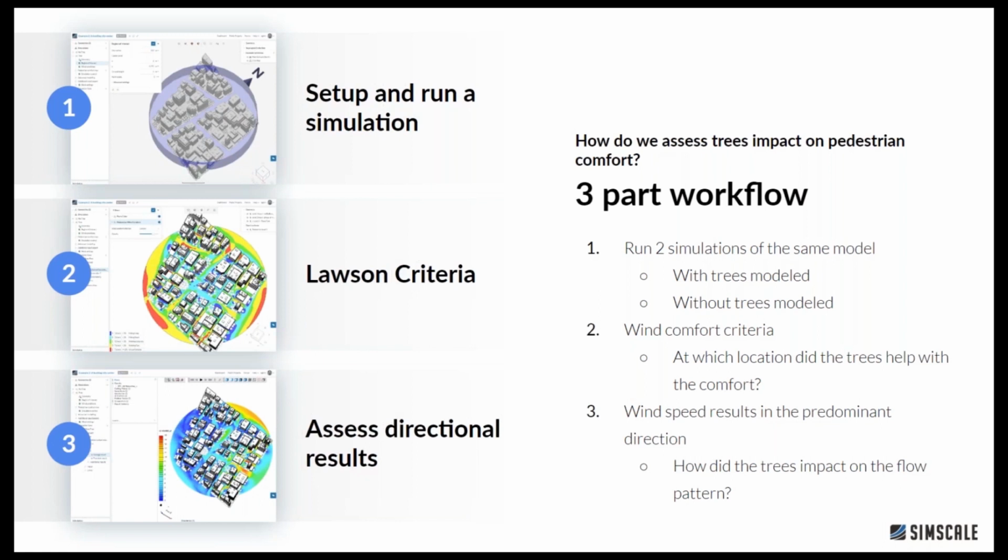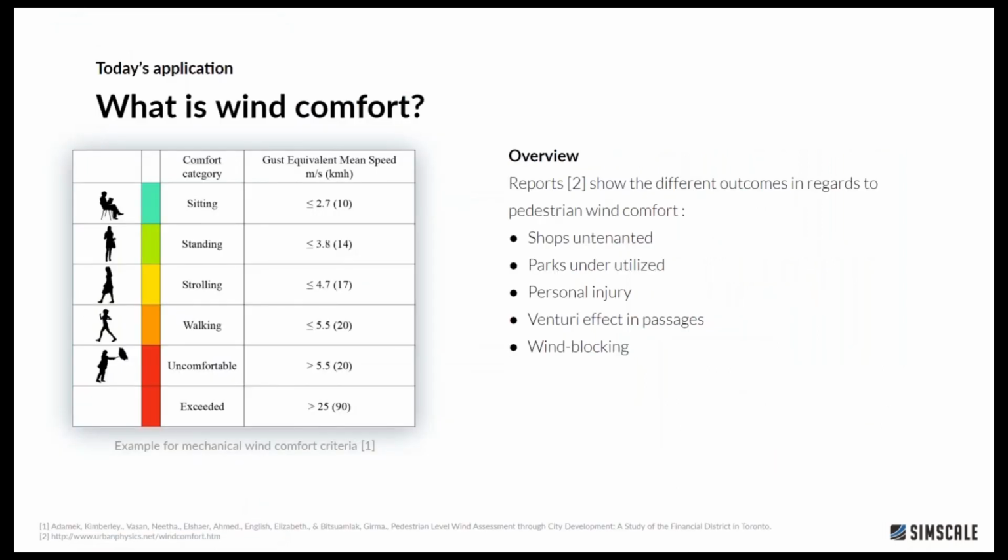Processing the results, we're going to evaluate the differences between the two, the effect of adding this feature, first on the wind comfort map, and then as an extra investigation, we're going to dive into the wind speed result and see why certain areas are more affected in terms of wind comfort. So first of all, just as a recap from last time, what is wind comfort?